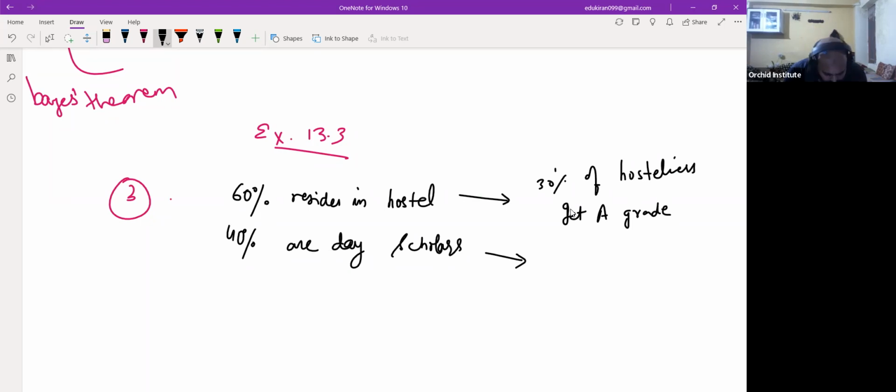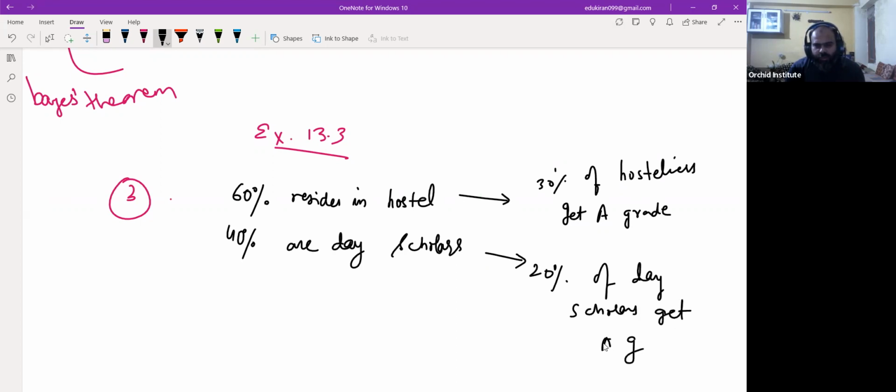And 20% of day scholars get A grade. So it is among total day scholars that 20% get A grade, not among 40%, among total day scholars, that is total day scholars, not total students of the college.